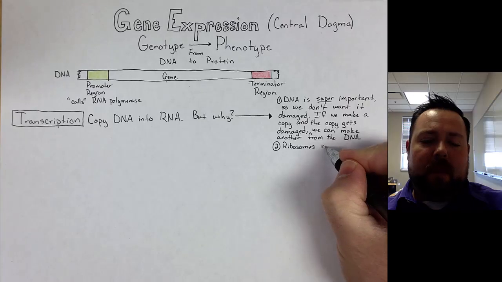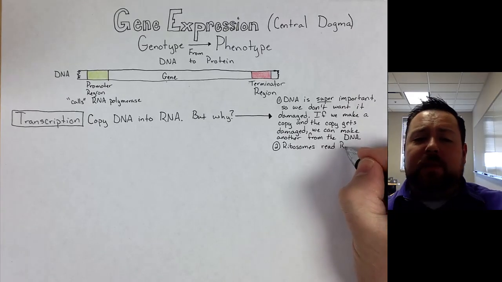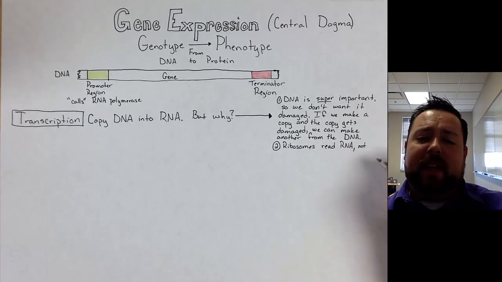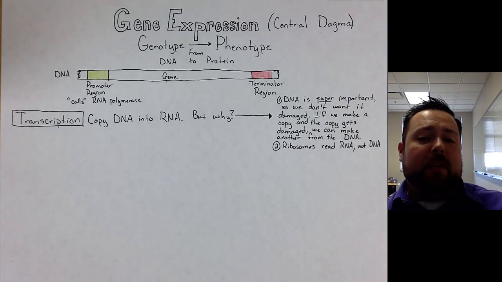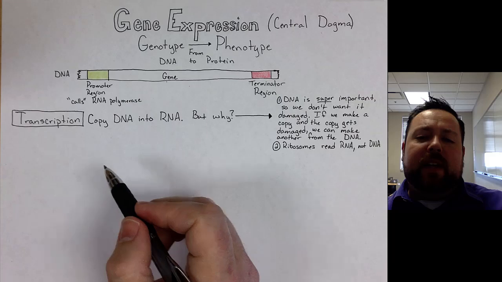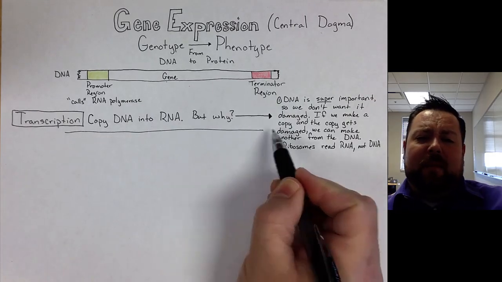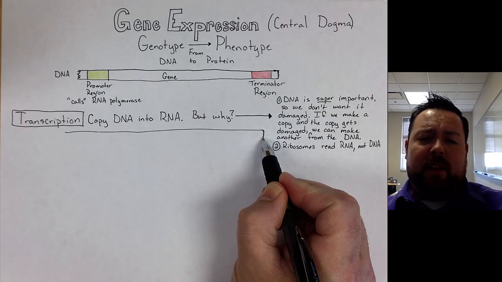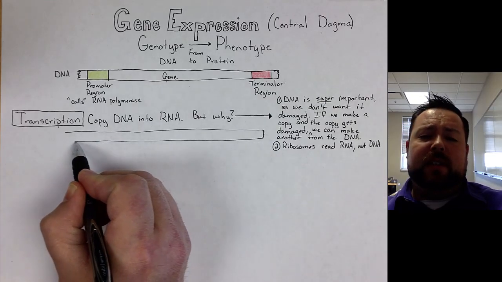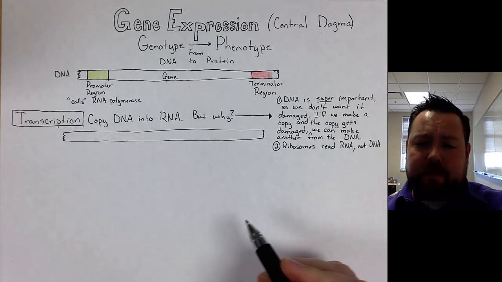The second reason that we want to make RNA instead of DNA is that ribosomes, which are the organelles that actually make the proteins, only read RNA. They don't read DNA. And there's a whole history about that, and that we'll take a look at in some later videos and take a look at later in the class.